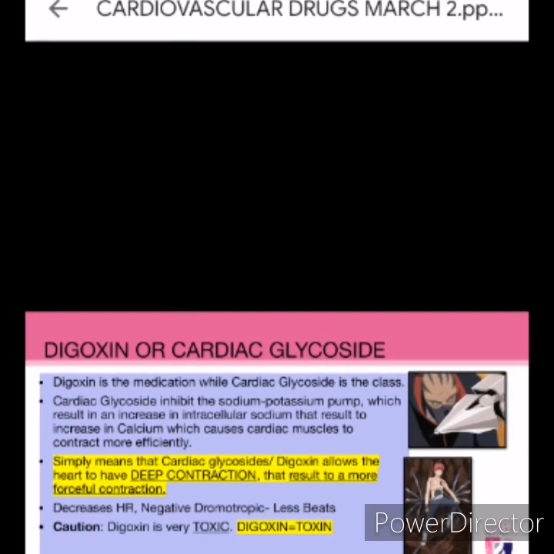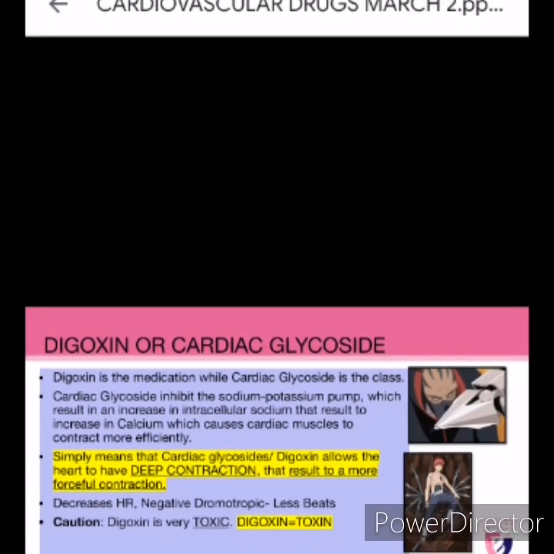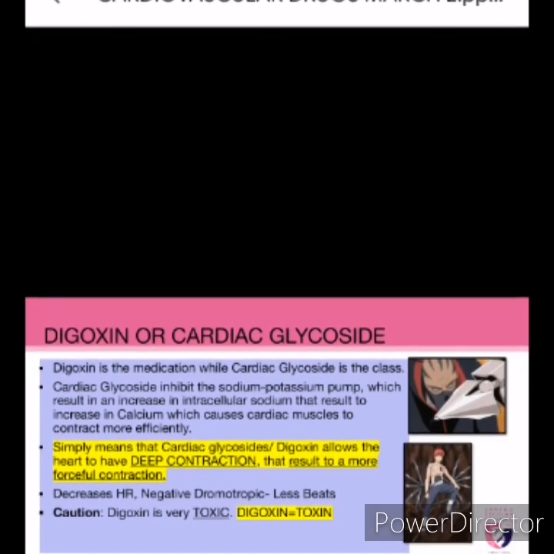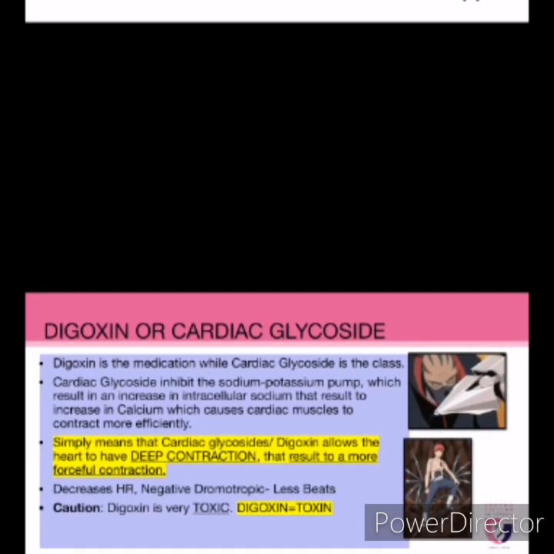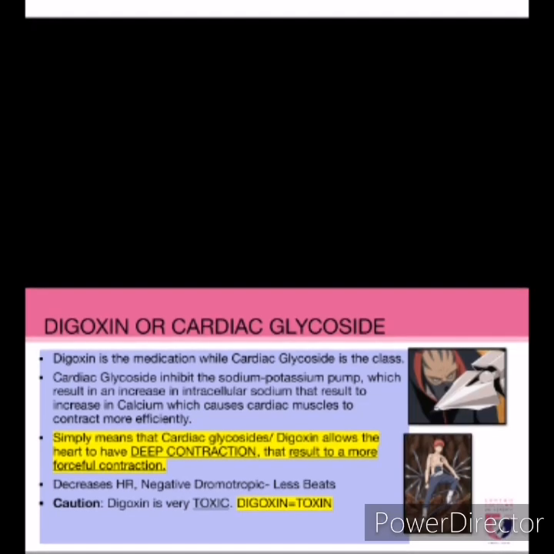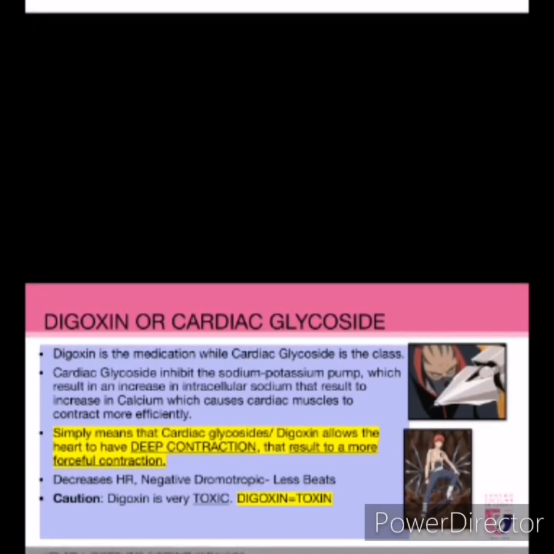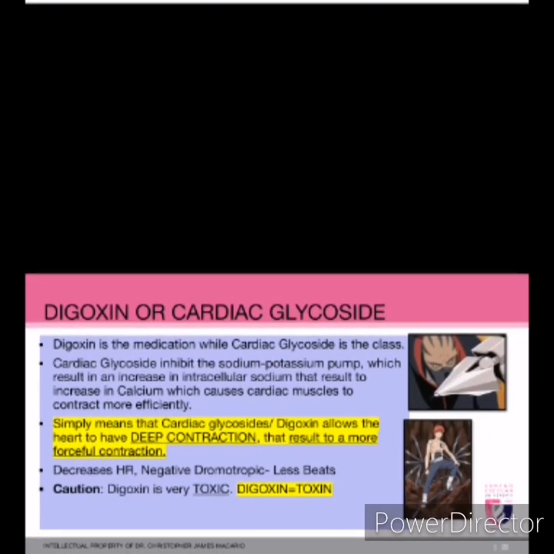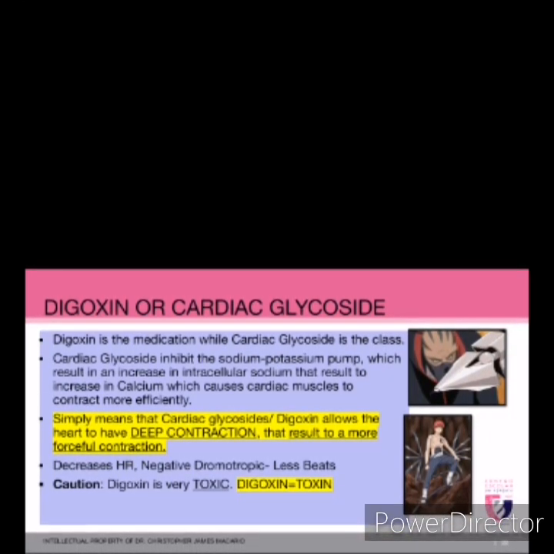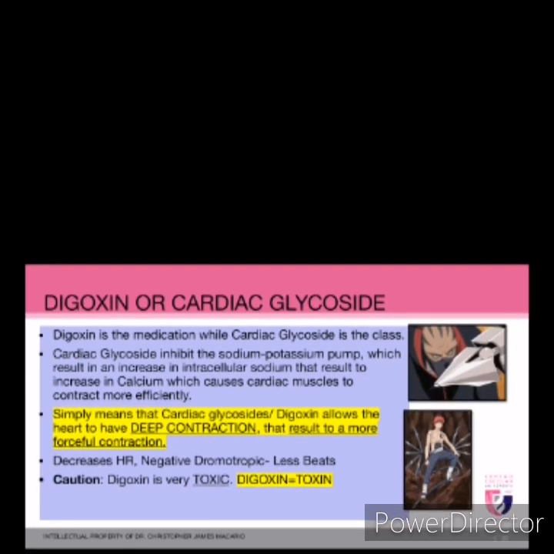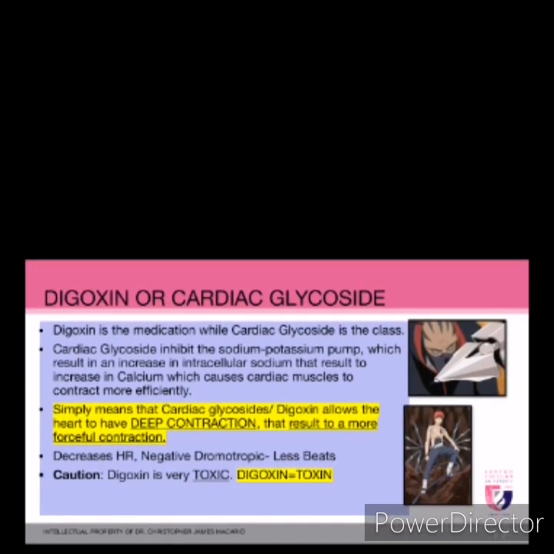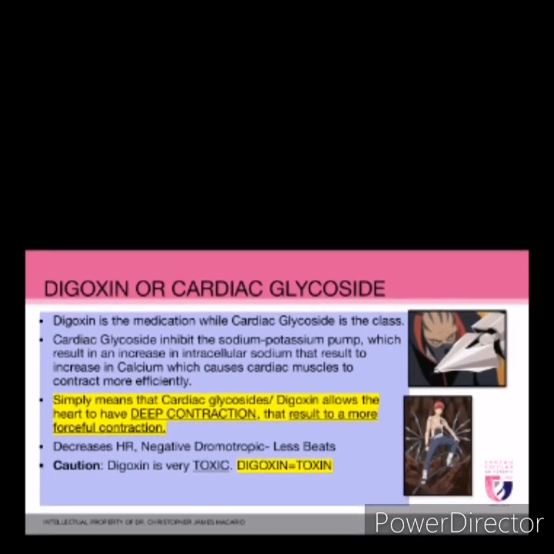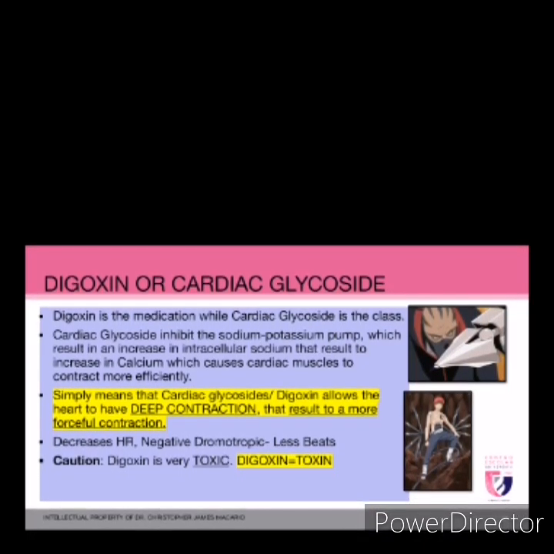Letter D stands for digoxin or cardiac glycoside. Digoxin is the medication while cardiac glycoside is the class. Now, cardiac glycoside inhibits the sodium-potassium pump, which results in an increase in intracellular sodium that results to increase in calcium, which causes cardiac muscles to contract more efficiently.